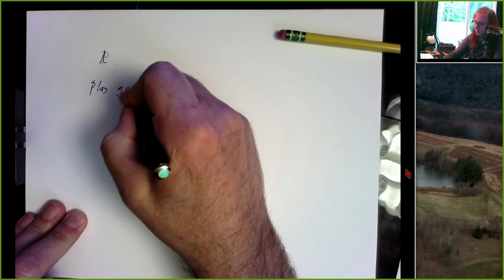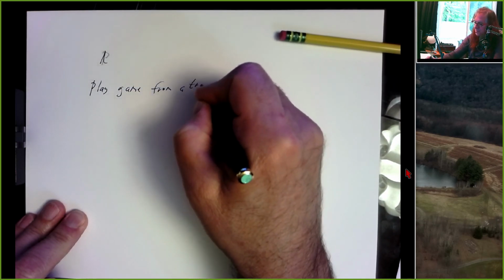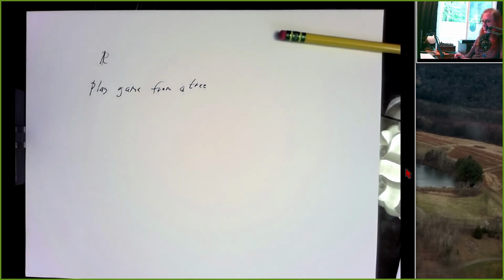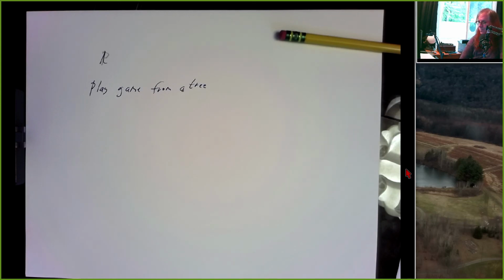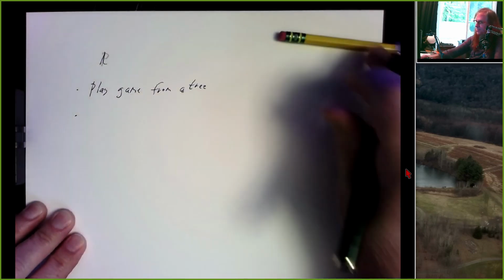Play the game from a tree. So once you have a tree in memory, playing the game is pretty straightforward, right? That's probably a good first thing to work on. So construct a tree with a bunch of assignment statements first, and then play the game. So that's a good first step.